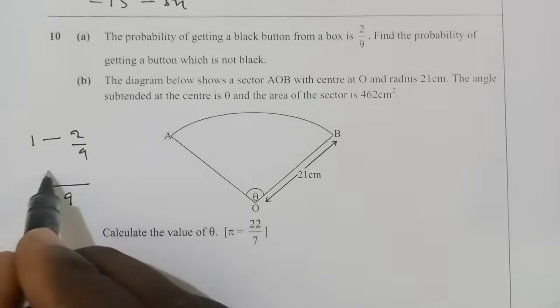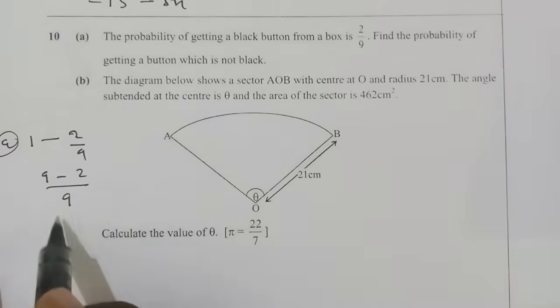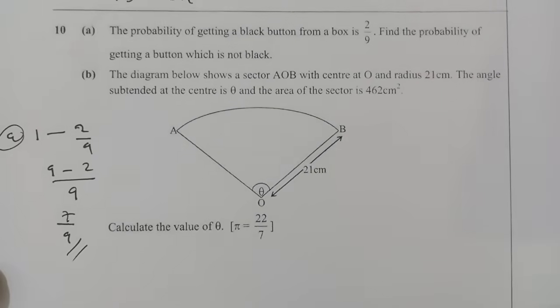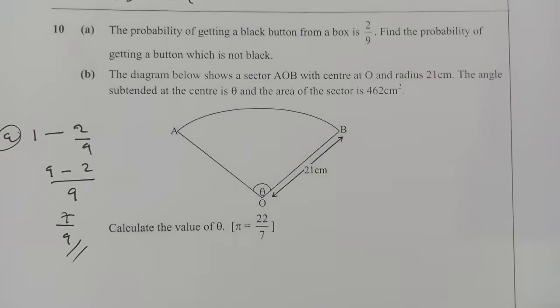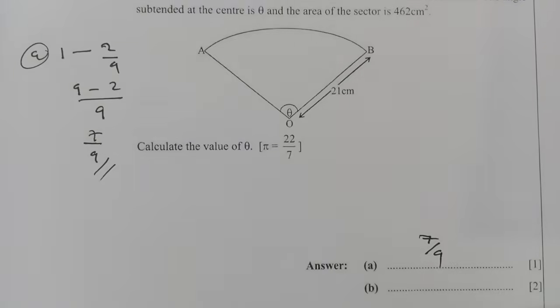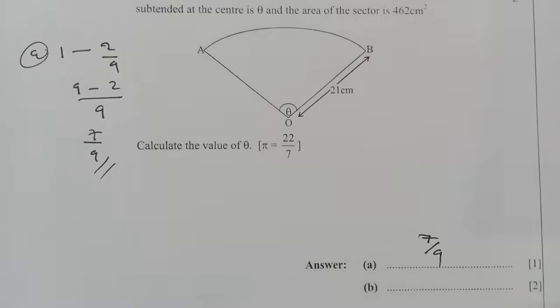Find the common denominator, and that will be 7 over 9. This is our answer, 7 over 9. The way it is with probability, the probability of getting and not getting, when you add them, they must give you 1. That's why we're saying 1 minus 2 over 9.